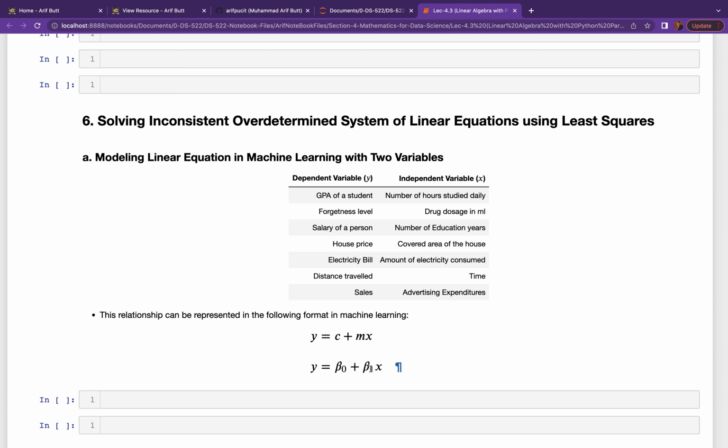If beta 1 is positive, that means there exists a positive relationship between the two variables. On the contrary, if beta 1 is negative, that means there exists a negative relationship between the two variables. An example scenario of a negative relationship is forgetfulness level and drug dosage, where the increase in drug dosage decreases the level of forgetfulness. I hope this is making sense to you all now.